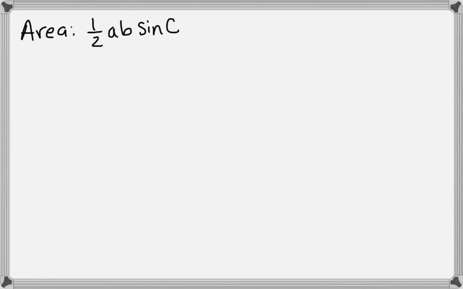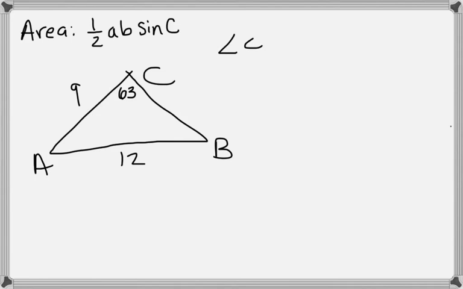What you need to remember is that when you draw out your triangle in general, the angle that you're going to be working with, the angle C right here, has to be between side lengths A and B. No matter what triangle you're trying to find the area of, the angle that you're going to be using has to be between the two given sides.